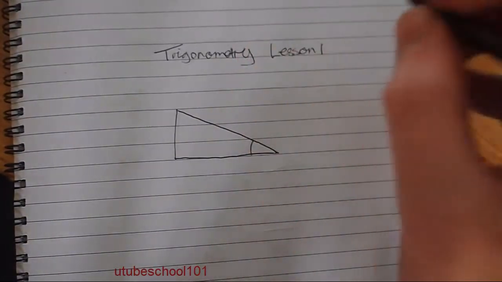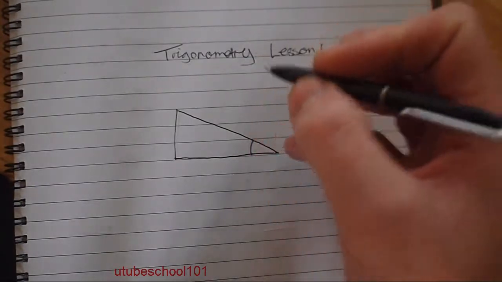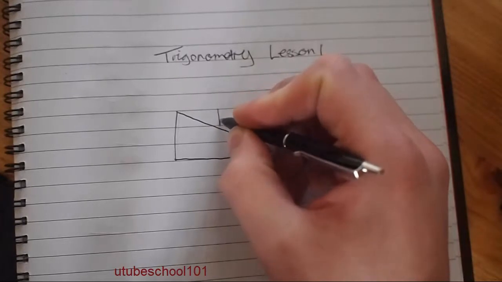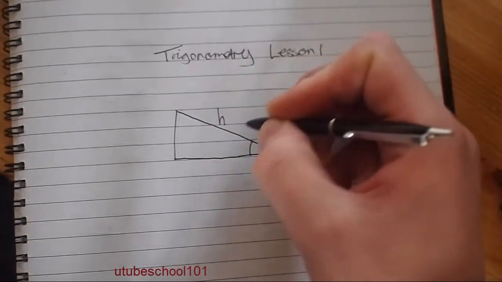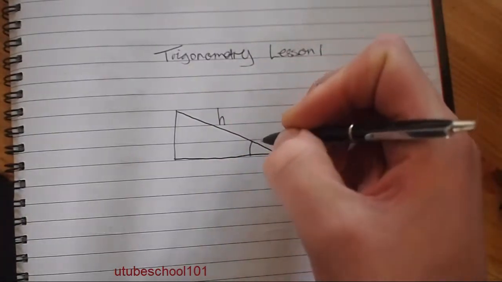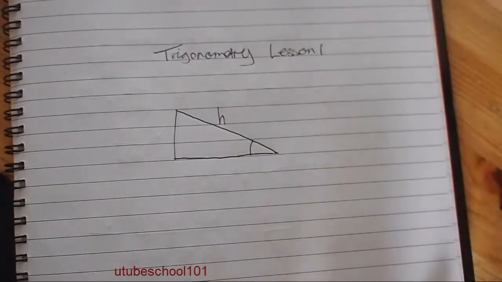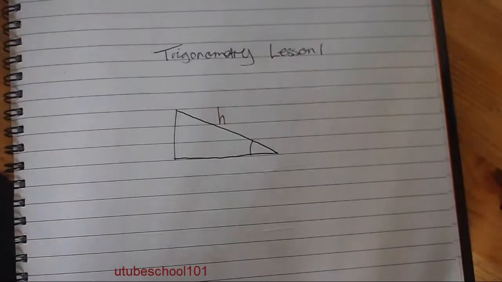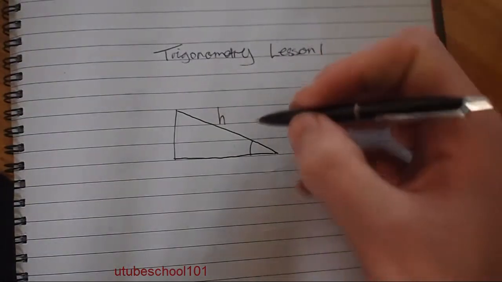So before we start, I need to introduce you to the names of the three sides. The first name is the hypotenuse, and this is always the longest side of the triangle. It doesn't change. The next two sides can vary slightly, depending on what you want to find out.